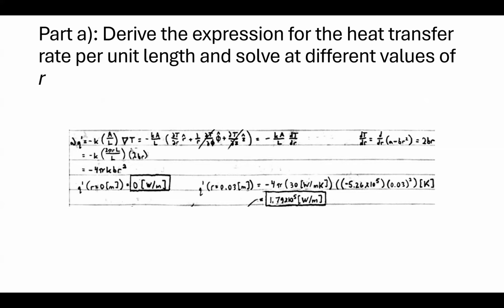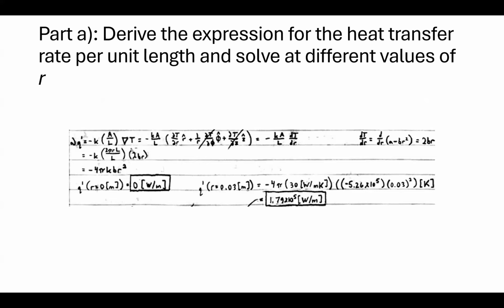And then we're multiplying all of that by the dT/dr derivative. And that derivative, if we differentiate our temperature profile, just equates to 2Br. And so plugging that back into Fourier's law, we get our heat transfer rate per unit length to be equal to -4 times pi times the thermal conductivity K times that constant B times R squared.